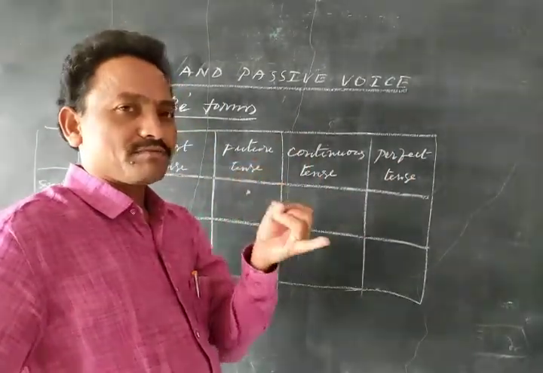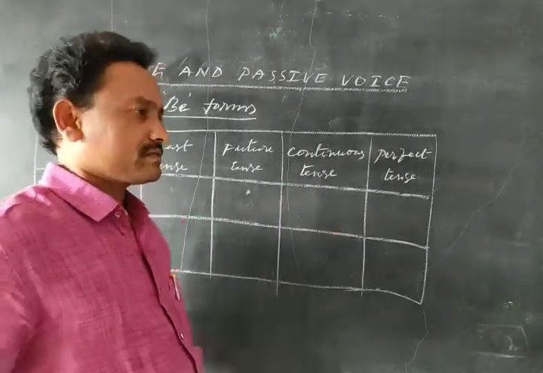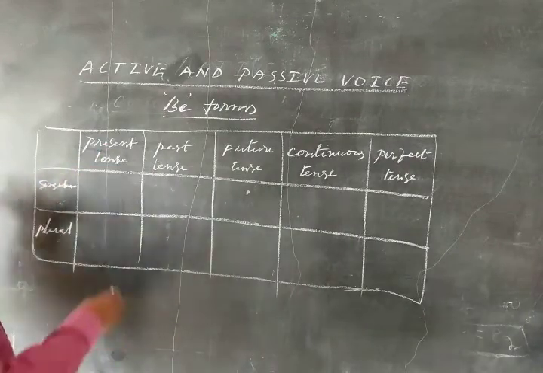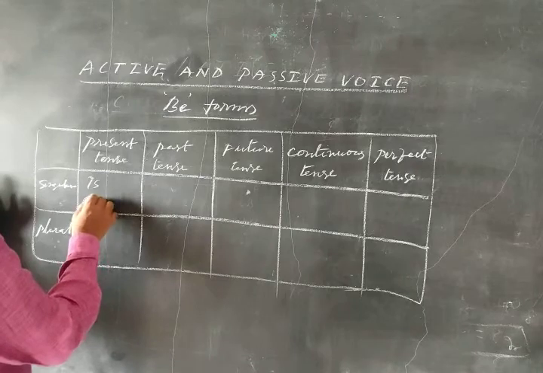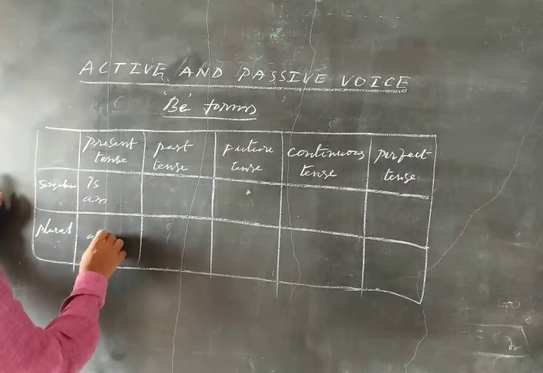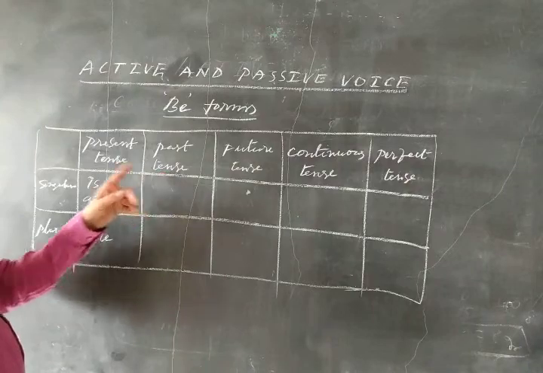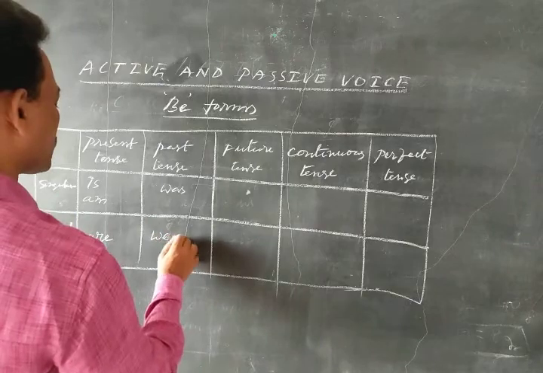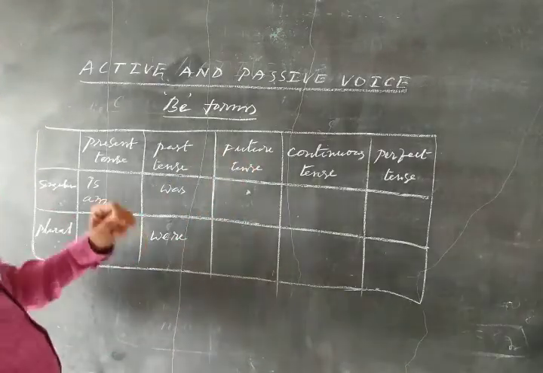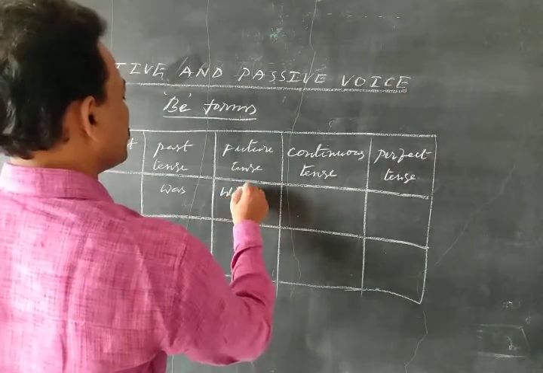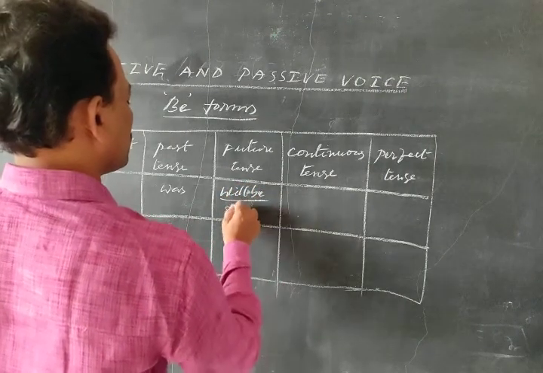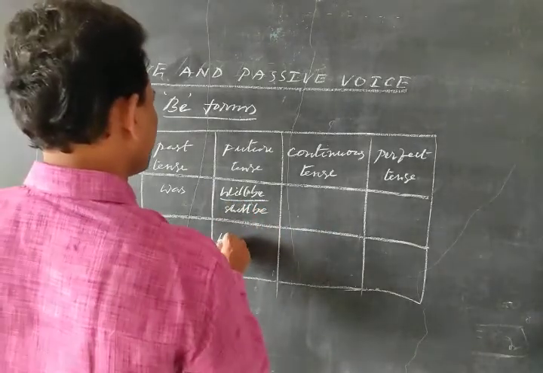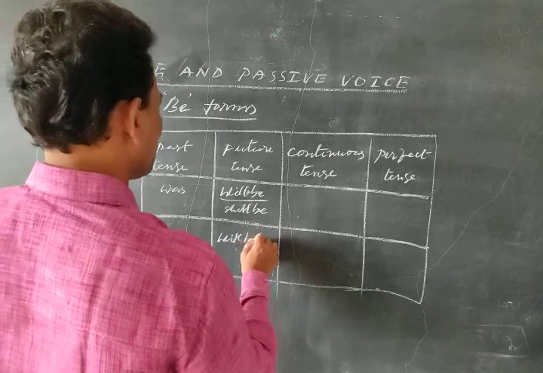Perfect tense: present perfect, past perfect, and future perfect. Again, number here, singular, plural. Present tense singular be form is is, plural are. Past tense singular be form was, plural were. Future tense singular be form will be or shall be, singular as well as plural.